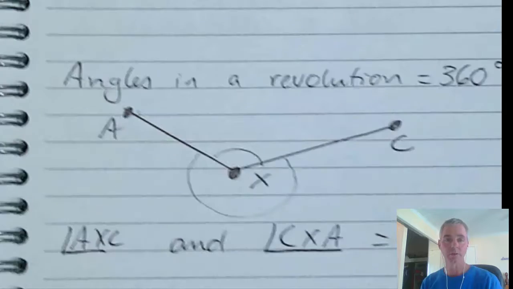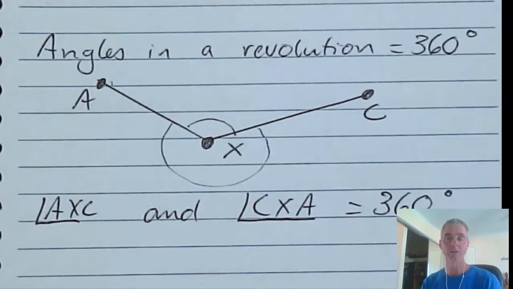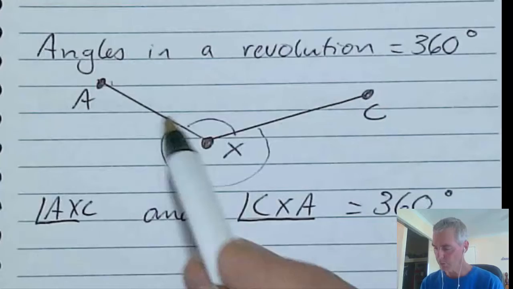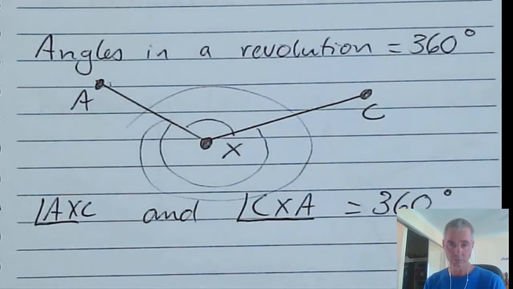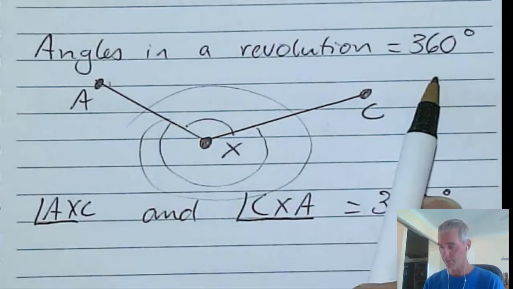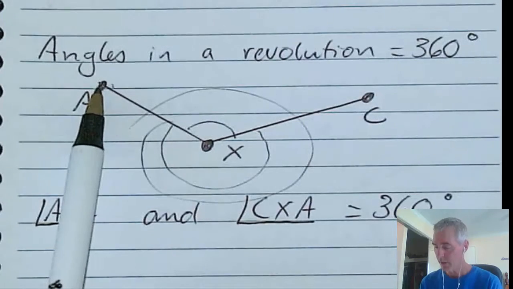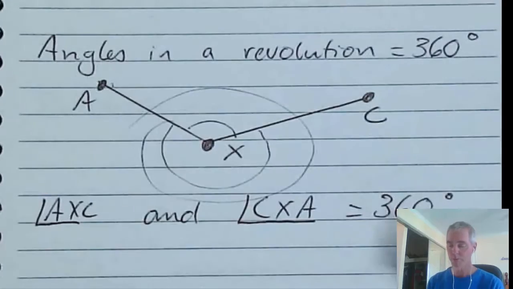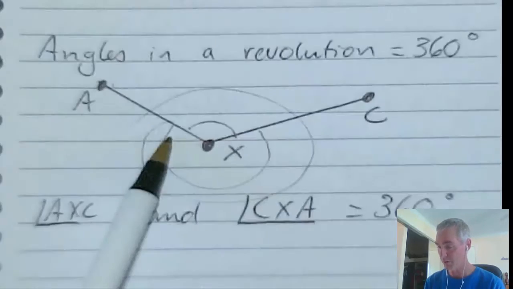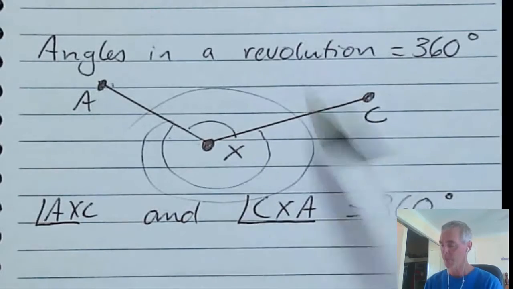Last thing to have a little look at here are angles in a revolution. Revolution is right the whole way around, a complete circle, 360 degrees. Now I have here these letters A, X and C, they're points. I've joined them with the line segment. Look at me using all these words.